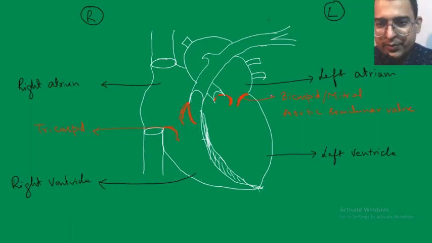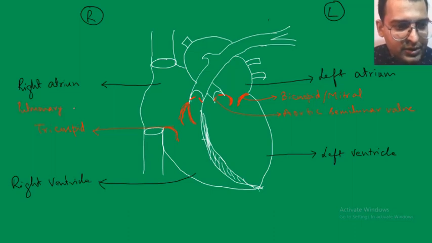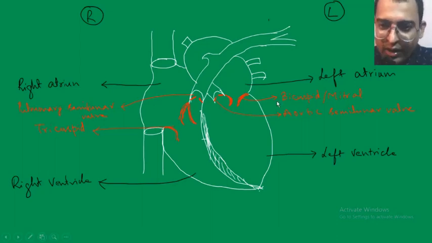This is the bicuspid valve and this is the aortic valve. Then the fourth valve that we are interested in is the pulmonary semilunar valve. This one's direction is upwards. So how many valves have we shown? Four valves. Four chambers, four valves.